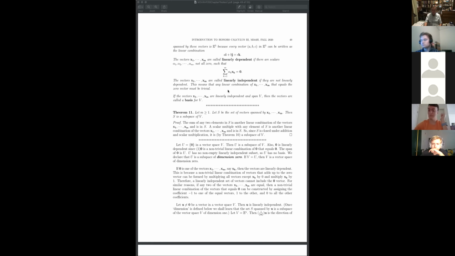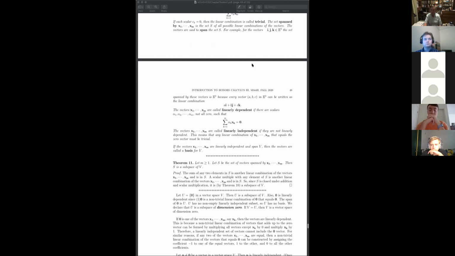Now, as an example, suppose we take i, j, and k: (1, 0, 0), (0, 1, 0), and (0, 0, 1). Suppose I multiply i by a, that'll give me (a, 0, 0), and multiply j by b and k by c, then I will get the point (a, b, c).